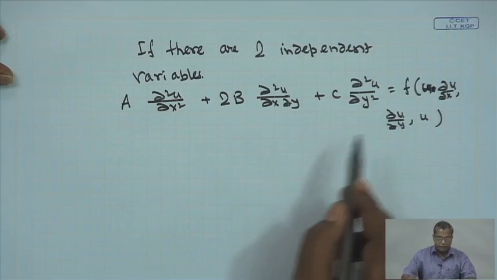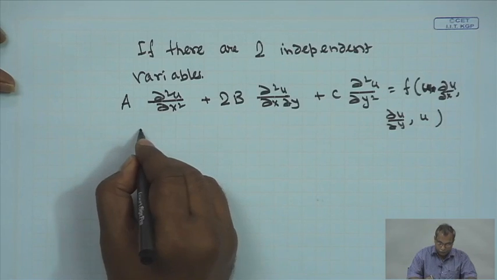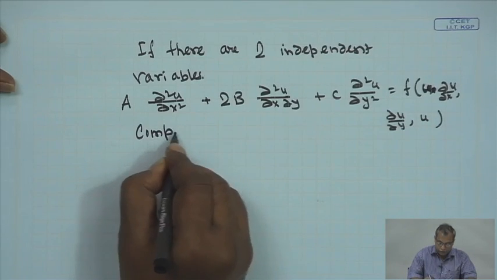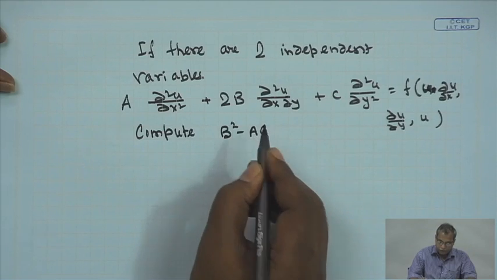So, if we express it this way, the two variable problem, then we will be computing b² minus ac.